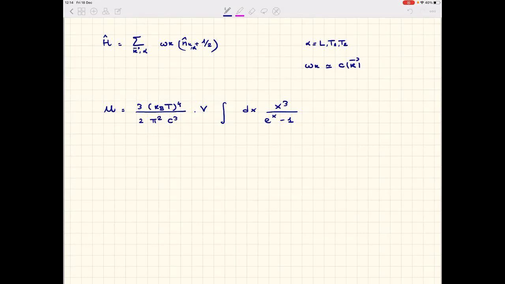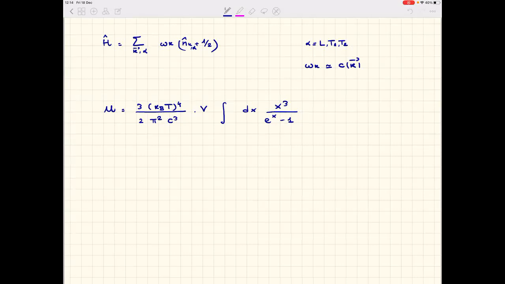Instead, for phonons, for each momentum, the total number of modes you can have is fixed and is given by the total number of atoms in your solid.